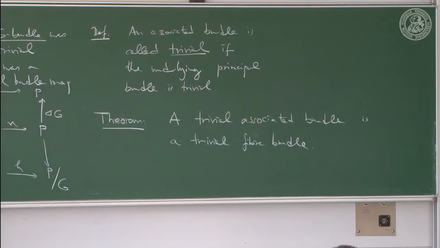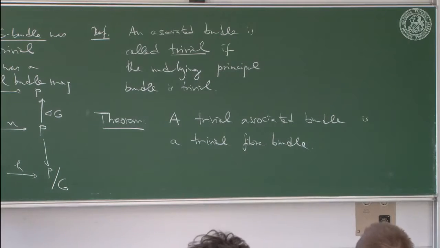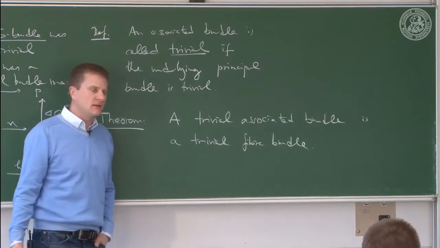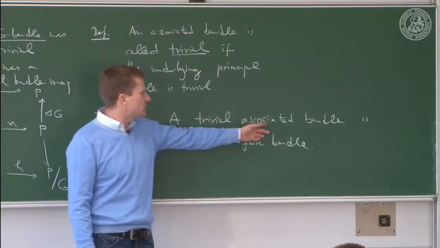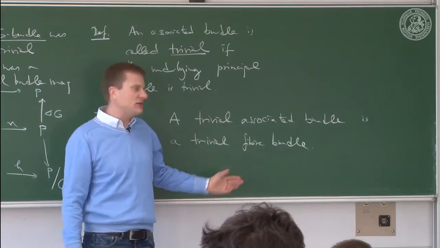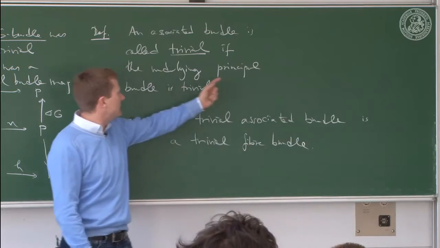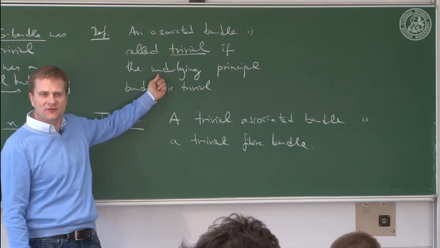Okay. Now that sounds funny because an associated bundle is a fiber bundle. It's a particular instance of a fiber bundle. So if you read this, a trivial associated bundle is a trivial fiber bundle, it seems almost like a tautology. Well, it isn't, because if we say trivial associated bundle, we mean the underlying principal bundle is trivial.